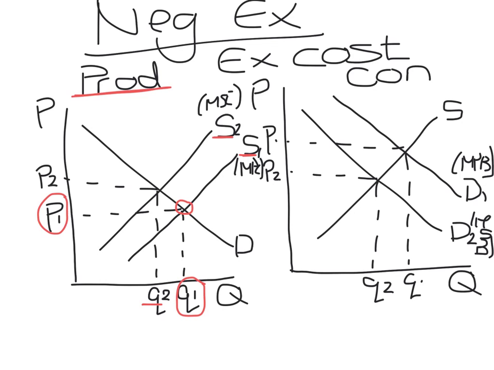So Q1, P1 representing the actual equilibrium, but if we were taking all the costs into account, we'd be there, the point that I've just circled.